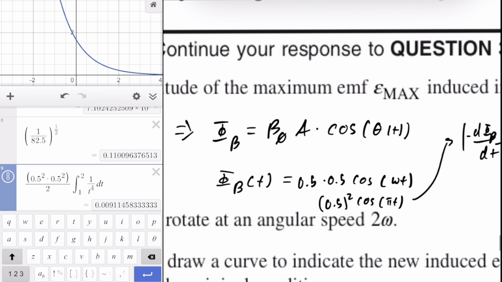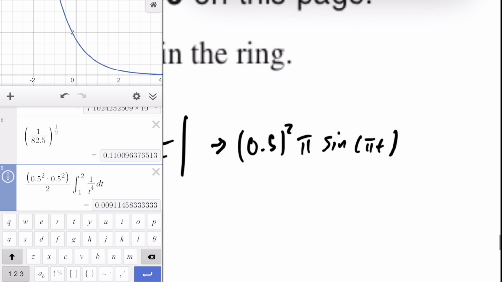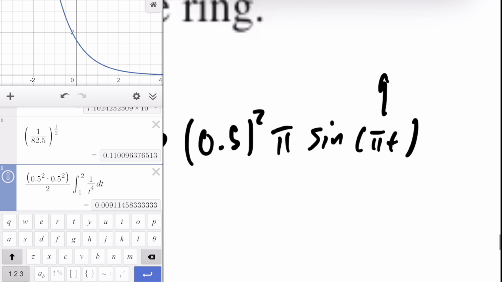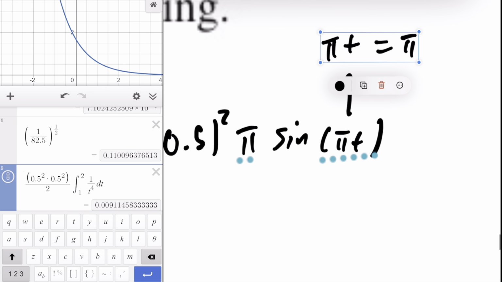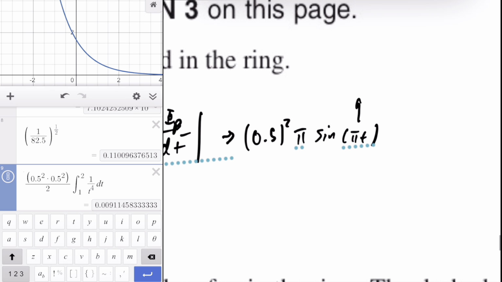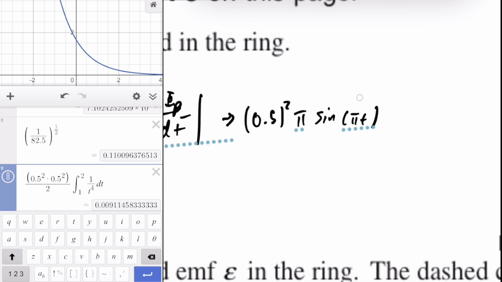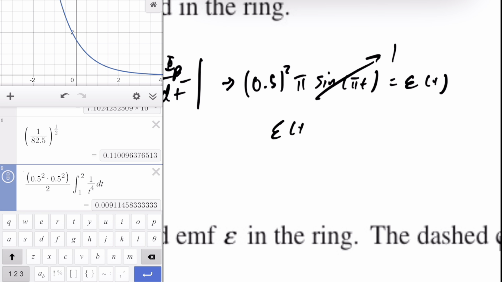Since there was the absolute value, the negative doesn't matter. In chain rule, I take the derivative of the outside, and then the derivative of the inside will give me pi, and then I multiply it. That's the new derivative. So here's our induced EMF as a function of time, and I know sine of pi t maxes out at 1. So that means E of t has to equal 0.5 squared times pi.